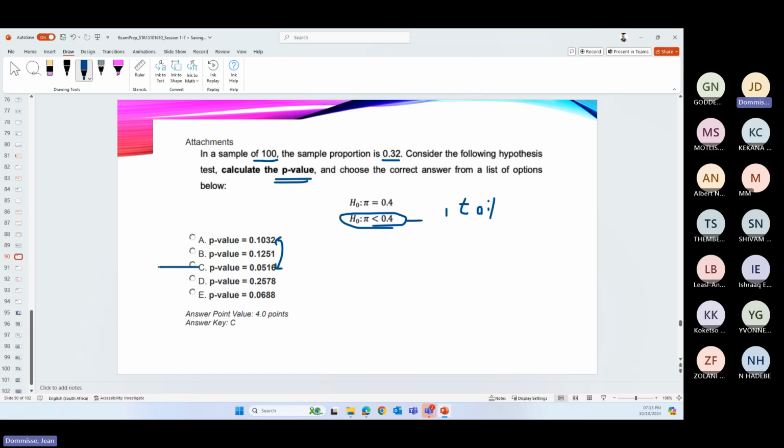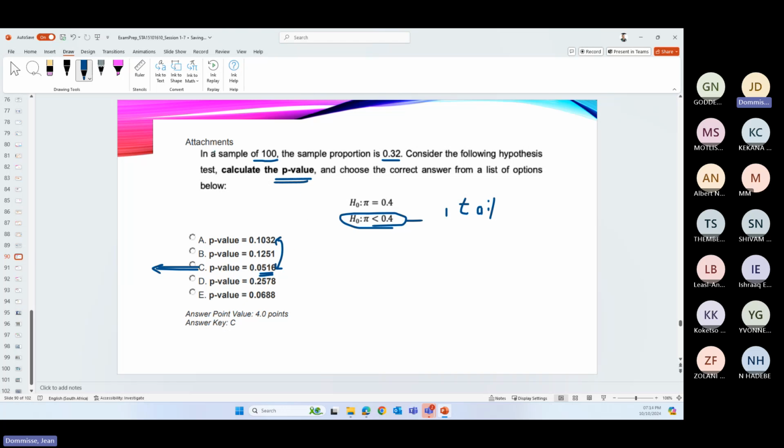So if I would have guessed, I would have probably gone there. Those two are not double. 2.0688 times 2, okay, doesn't give you that. 0.1251 times 2 is 0.2502. Okay, so those two feel very nice. But if you double up, I would have automatically guessed that.